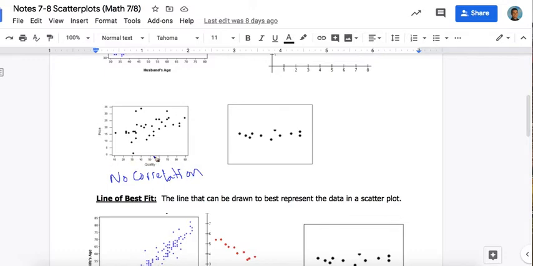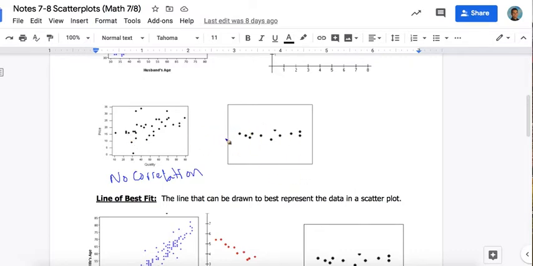As your quality increases, your price is not really related. The price is kind of all over the map here. It could be very expensive and not have very good quality, or it could be very expensive and have pretty good quality. So there's no real relationship there.